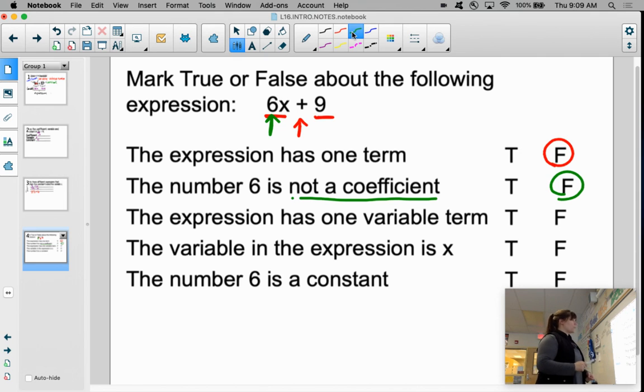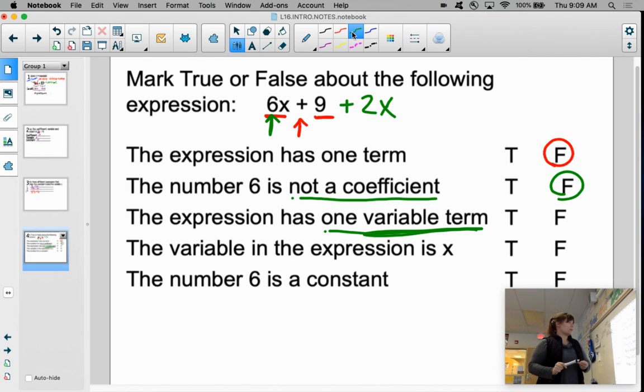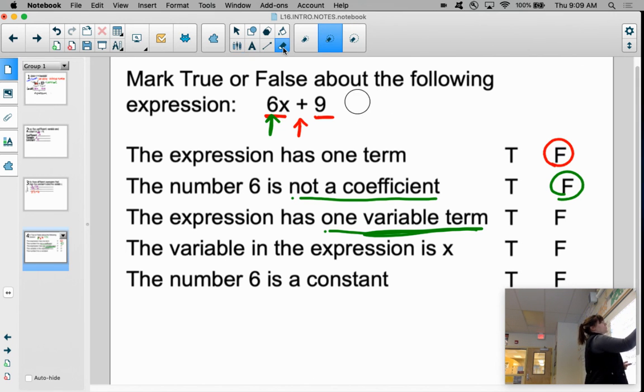The third one, the expression has one variable term. So remember, a variable term is a term that has a variable in it. So if this had said plus 2x, that would be an example of an expression that has two variable terms. But since that is not part of the expression, it does only have one, so this is a true statement.